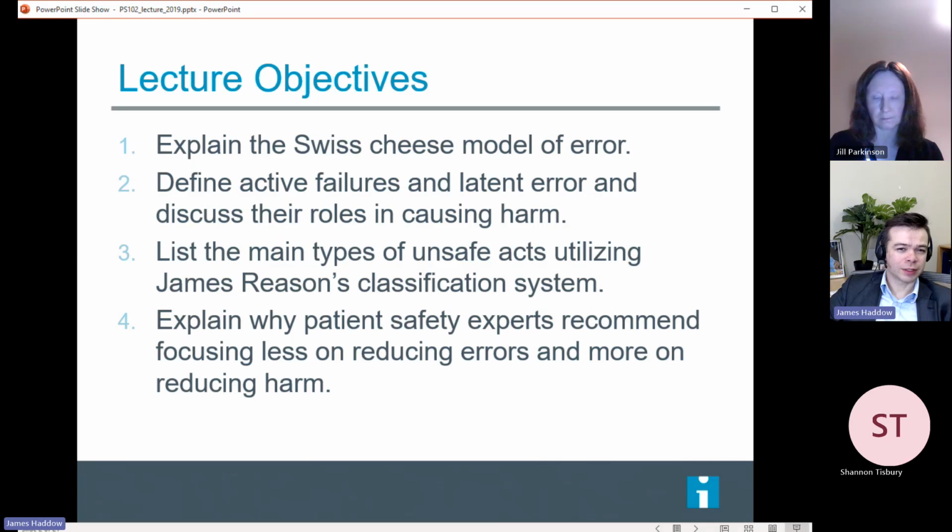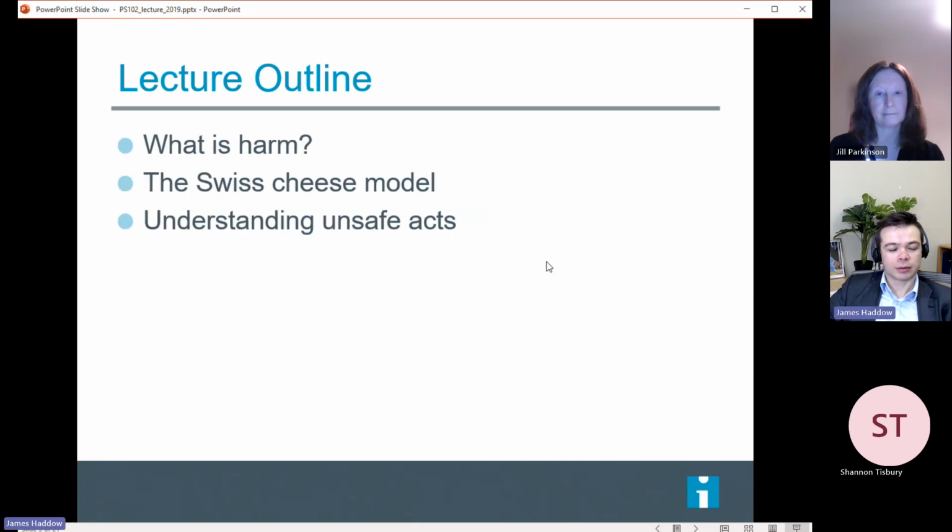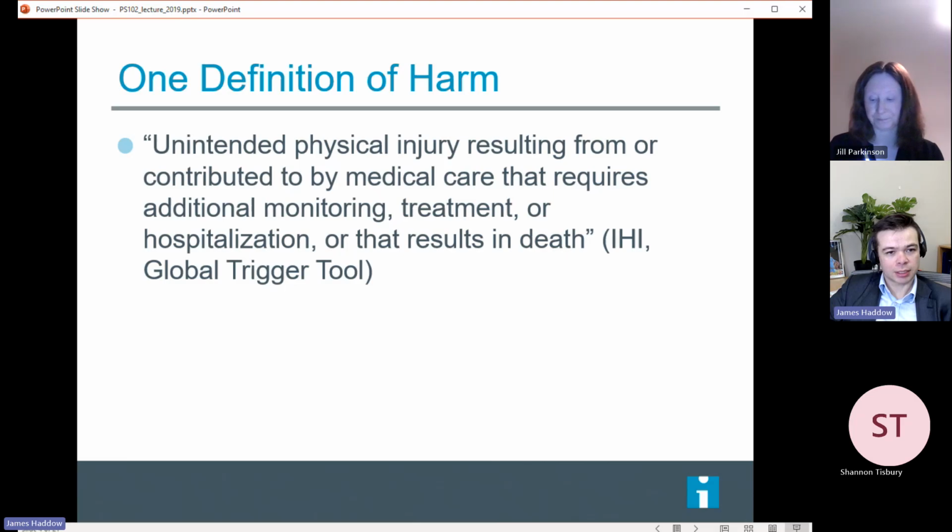We're going to talk about active failures and latent errors, the different types of unsafe acts, and what approach we use in patient safety on reducing errors or reducing harm. The first thing we're going to talk about is what is harm, then the Swiss cheese model, and then we're going to understand unsafe acts.